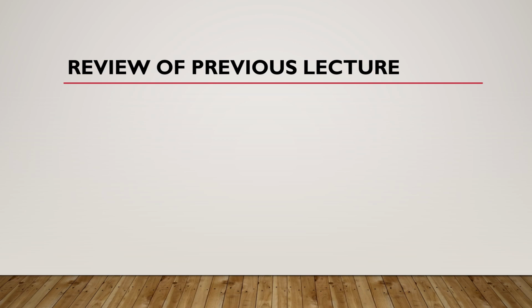First, we will have a quick review of your last lecture. In your previous lecture, you studied the second major classification of field effect transistors, which is MOSFETs, or metal oxide semiconductor field effect transistors.